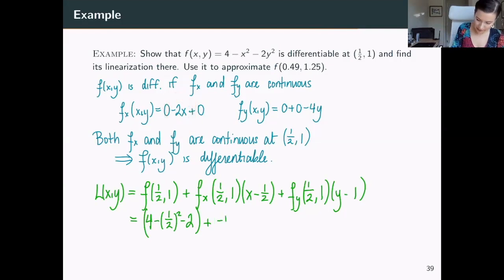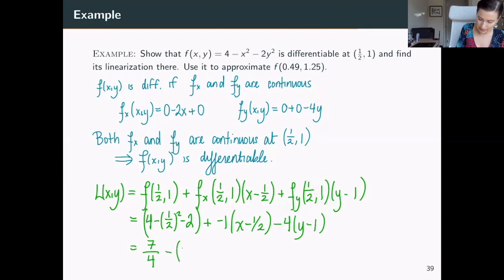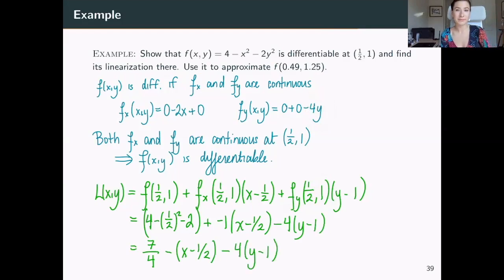So I'll have -1 times x minus 1/2. And then for my fy, I'm going to plug in 1 here. So that's going to leave me with a -4 times y minus 1, which now simplifies to a nice 7/4 minus x minus 1/2 minus 4 times y minus 1.